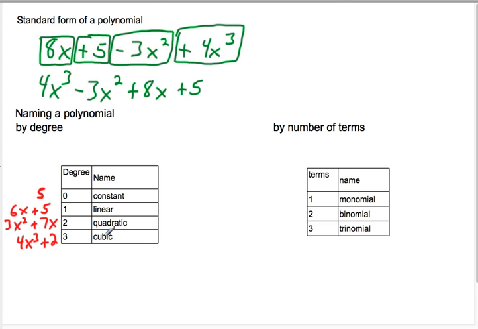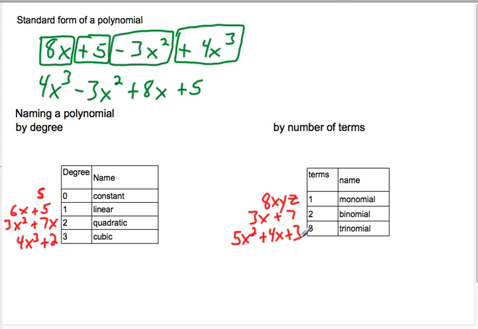Now you can also name them by number of terms, so a monomial, 8xyz. So this would be a monomial. And then a binomial would be 2 terms, so we could say 3x plus 7 would be a binomial. A trinomial would have, as you guessed it, 3 terms, so it could be something like 5x squared plus 4x plus 3. That would be a trinomial.